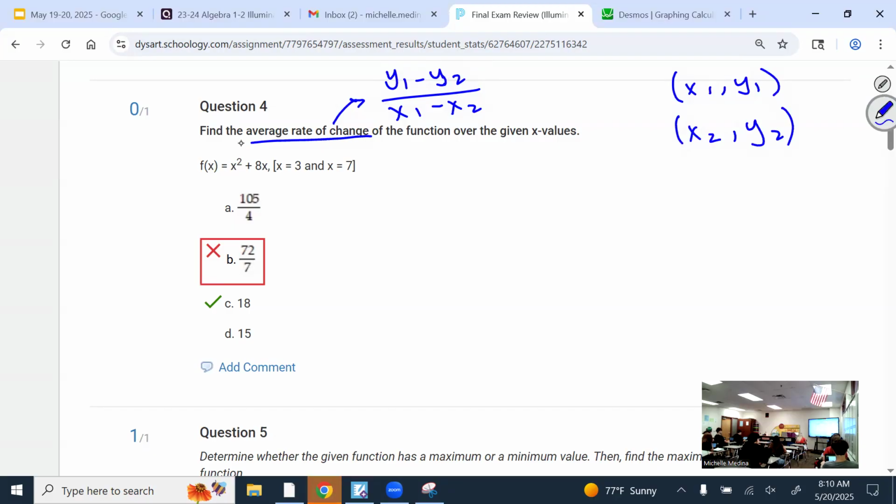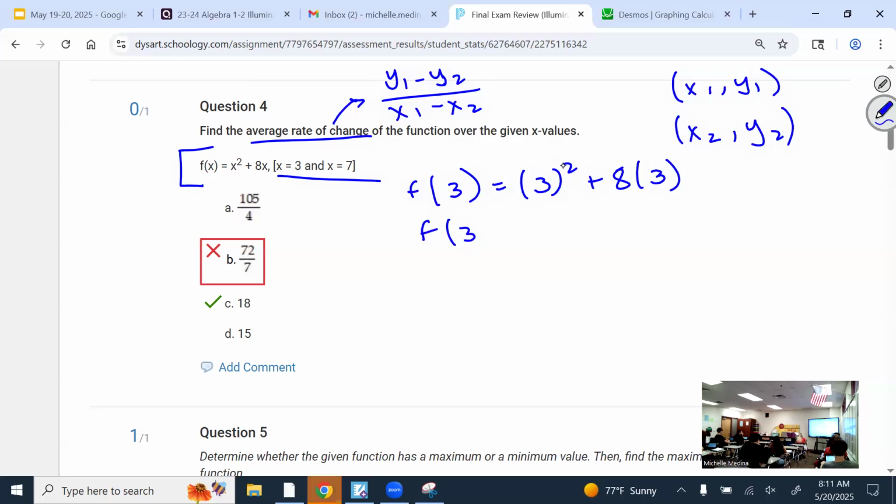So what they give us is something in function notation. And they always tell you where you need to calculate the average rate of change between. What you would do for this one is plug in the x's. So we're finding from between when x is 3 and x is 7. Plug into the given equation. Simplify, and whatever that value gives you is your y value for that coordinate.